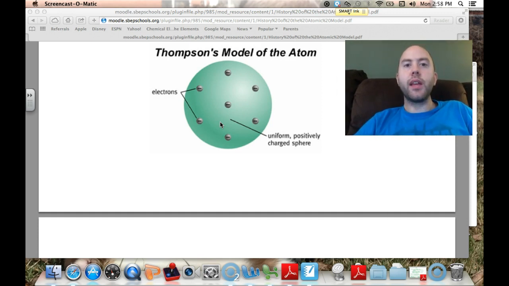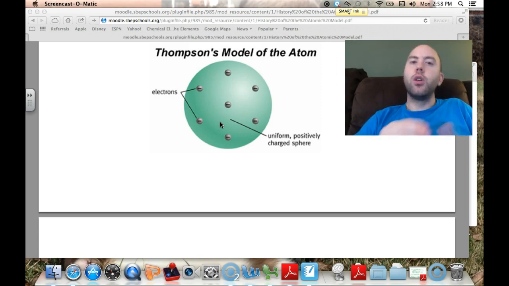Today, we would think of this as one of 2 things. Either a blueberry muffin, where all of the muffin is the positive charge, and each blueberry is the electron, or, my favorite, the chocolate chip cookie. So the cookie dough itself is the positive sphere, and each chocolate chip is the electron.